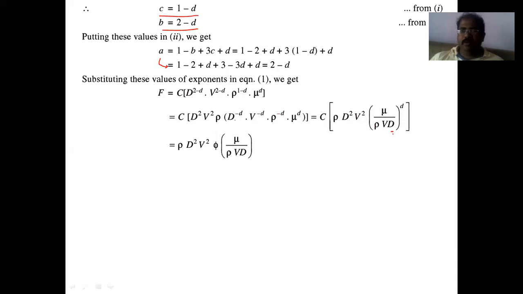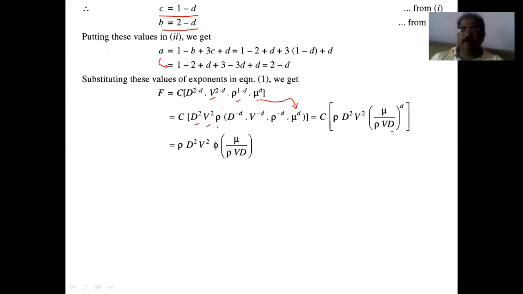Here we write d raised to power 2, v raised to power 2, rho raised to power 1, and nu raised to power d. Here nu raised to power d, we just bifurcate in the D part. This is the easy way to get the correct answer.